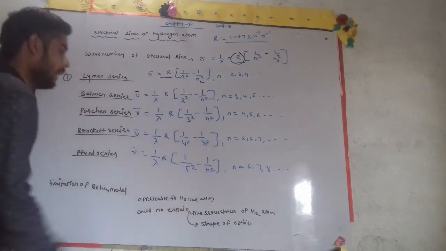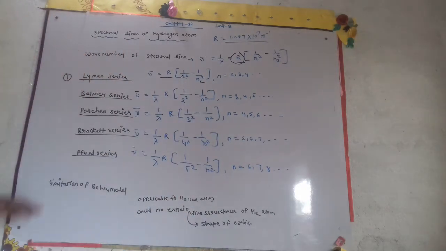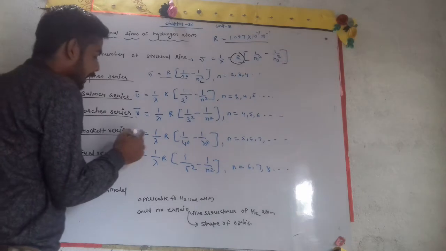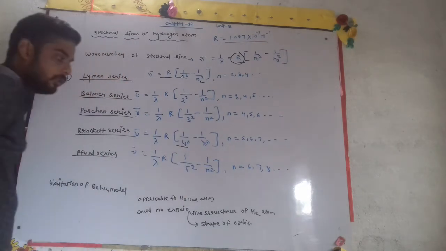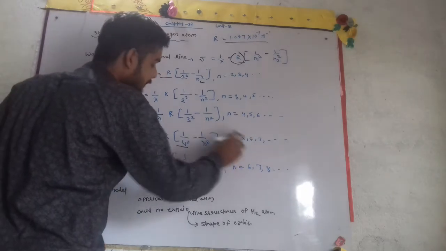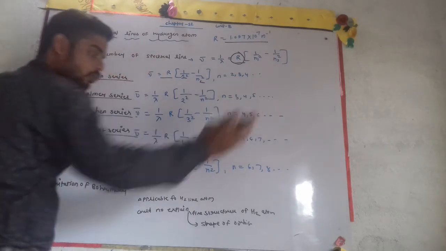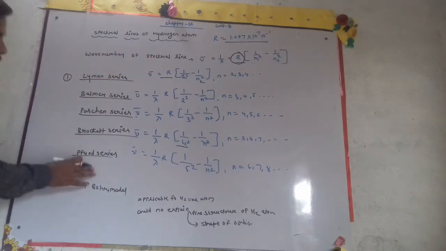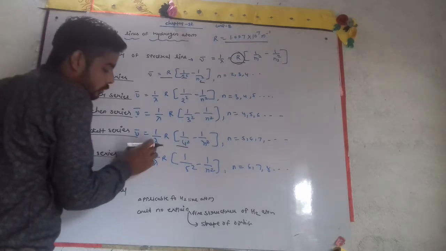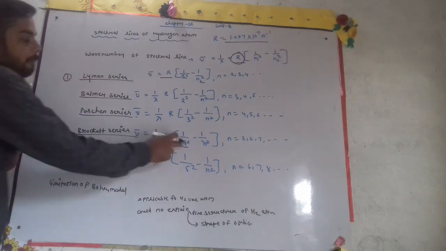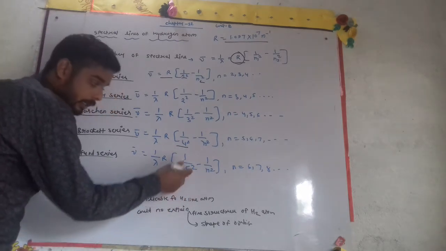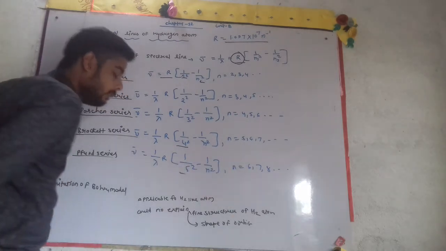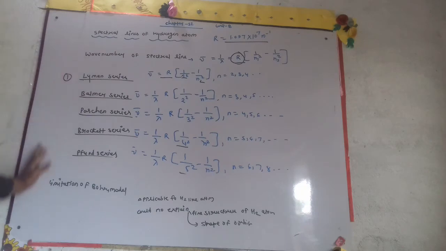Similarly, you can write the Brackett series: 1 upon 4 square minus 1 upon n2 square, where n is 5, 6, 7 and so on. And the Pfund series is nu bar equals 1 upon lambda equals R times 1 upon 5 square minus 1 upon n square, where n will be 6, 7, 8. So these are the series.